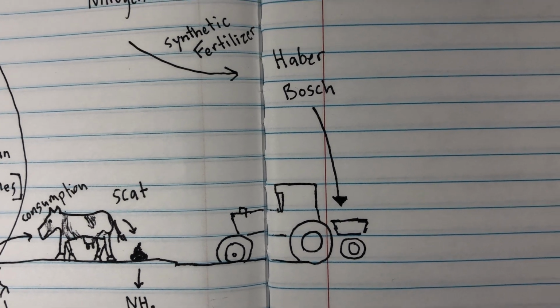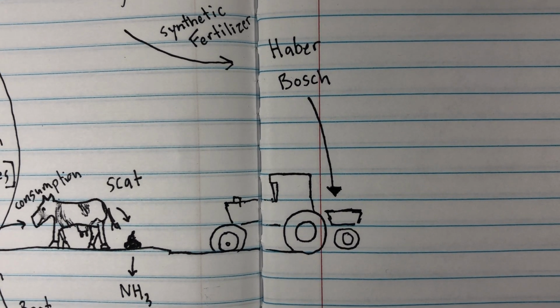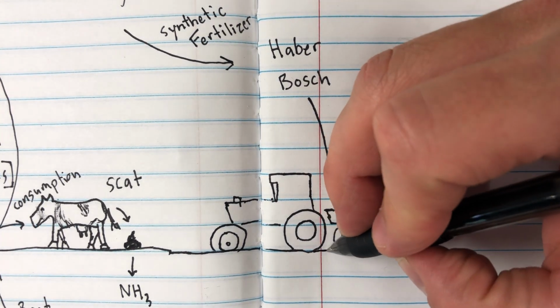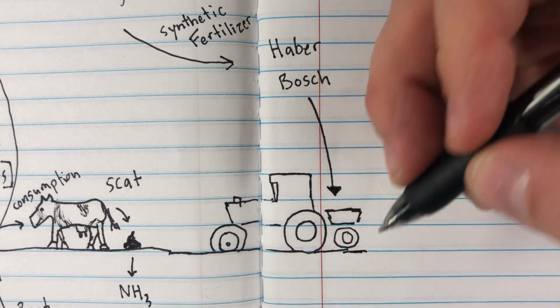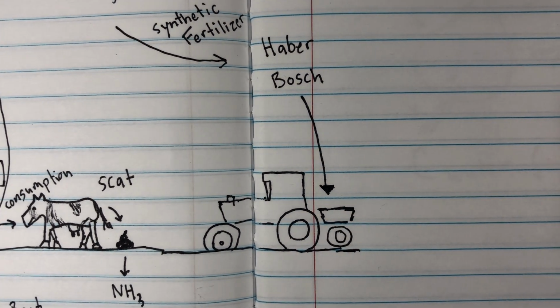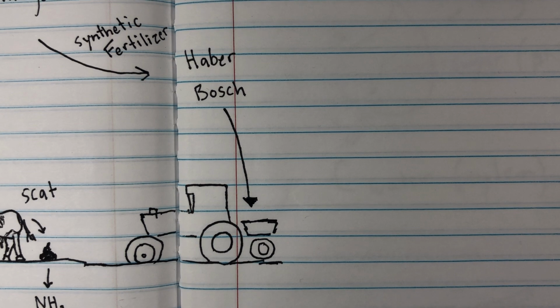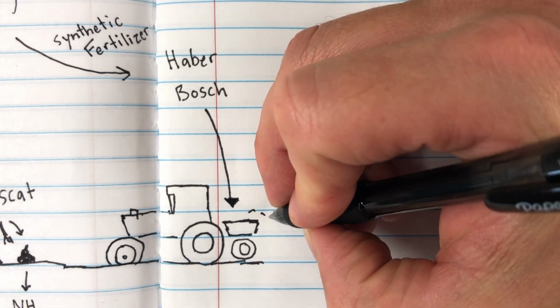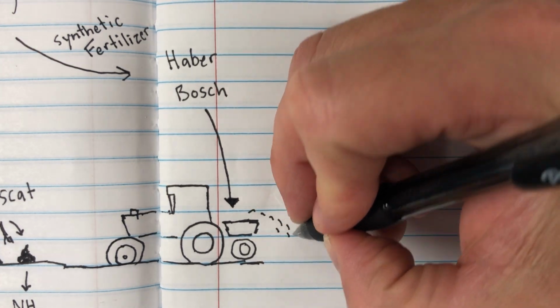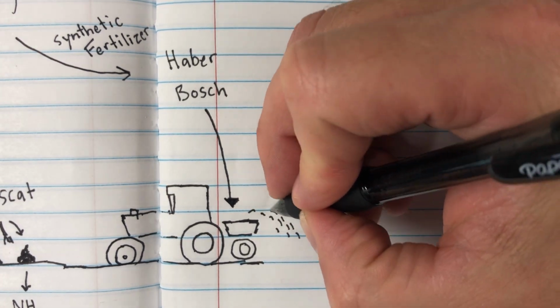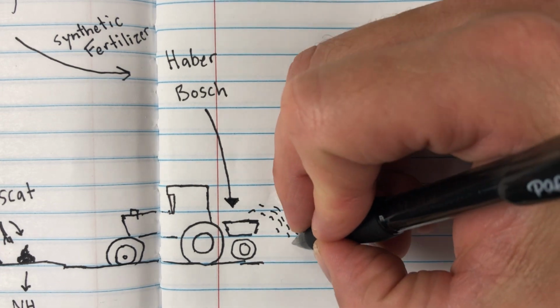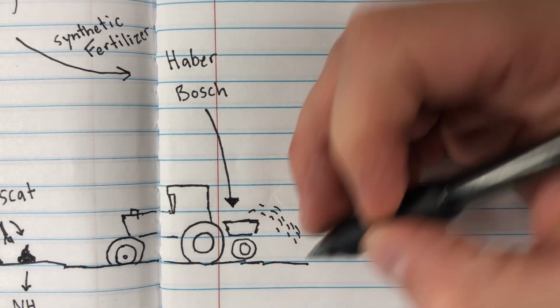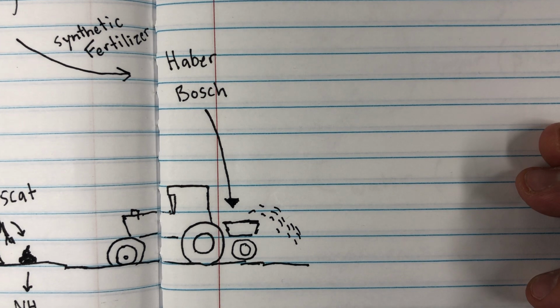Making that fertilizer is explosive, and there have been plants that make fertilizer actually have explosions before because of the explosive nature in the process. So by spreading that fertilizer on a field, we get nitrogen into the soil. Okay, so that's laid down, and that benefits our crops.